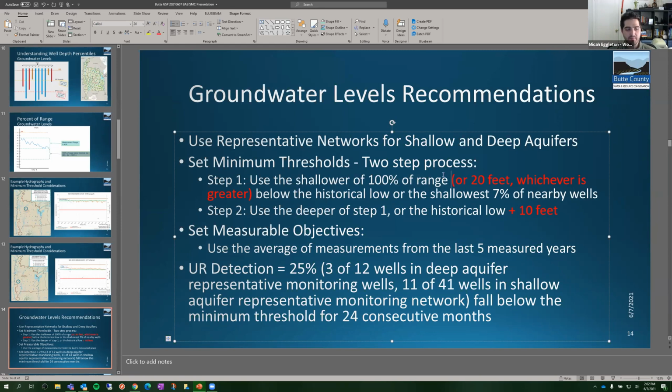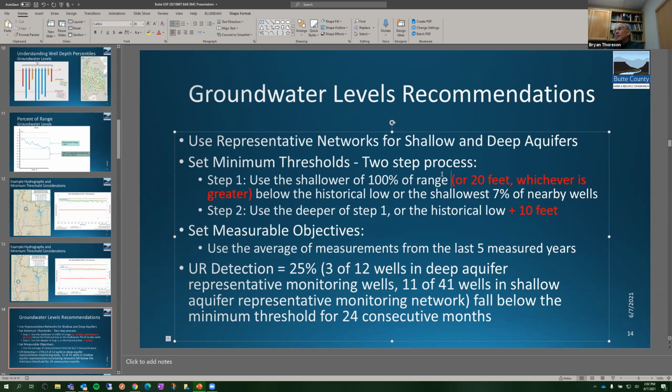I think that might bias some of the wells. We're talking about wells that don't have much range already, but for those wells that maybe have 19 feet of historical range, I don't necessarily want to use that. If it were 19 feet plus 20, I wouldn't necessarily want it to be 49 feet. So I think just adding the 20 below the historical low is probably a better bet to be more consistent with the historical measurements of that well.